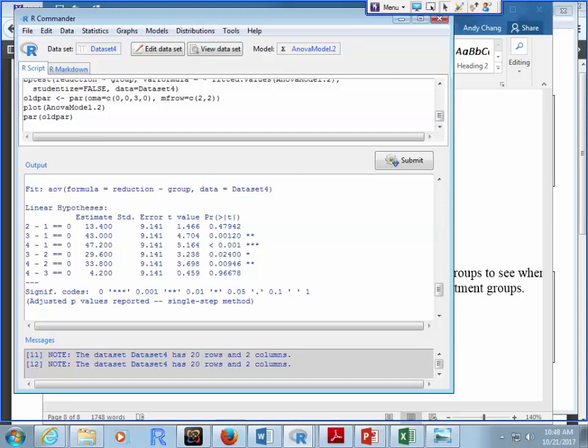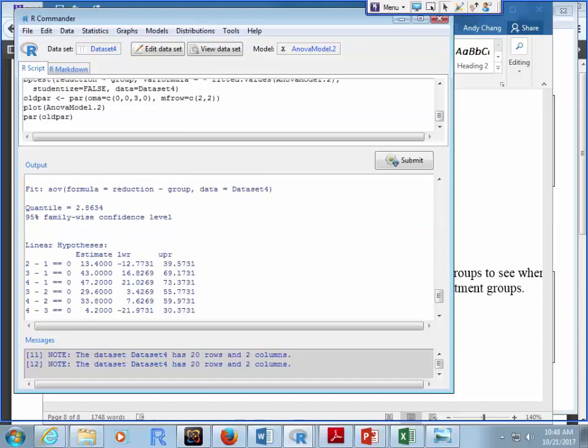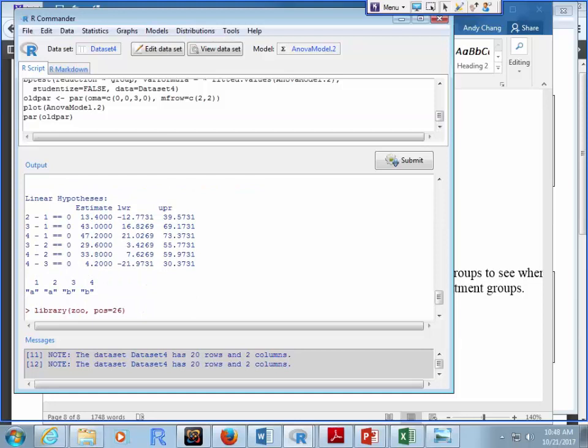So this gives you the hypothesis test for all pairs of groups. Then it also reports the confidence interval estimate for the difference between pairs. And the bottom one tells you the subgrouping. 1 and 2 are both labeled A. That means group 1 and group 2 are in one homogeneous subset.